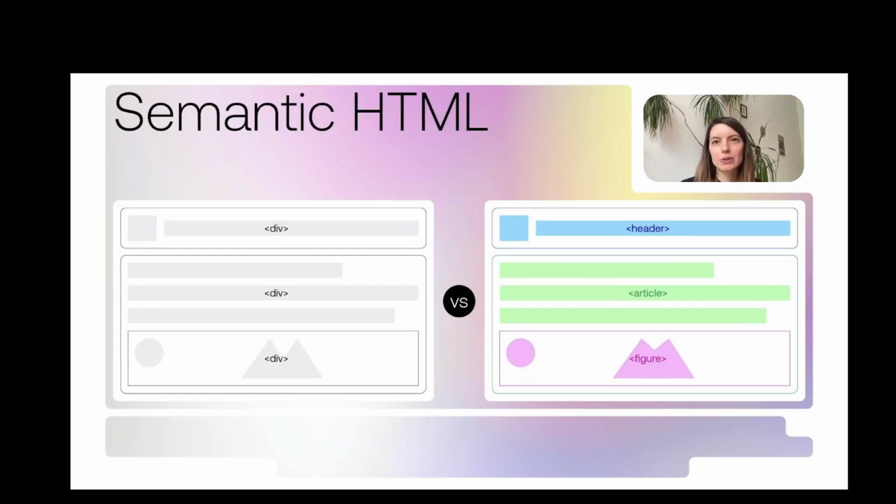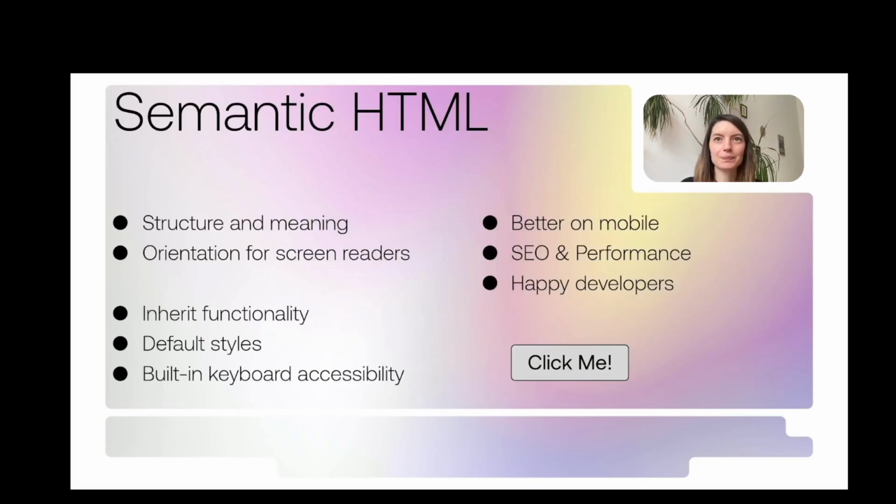Of course, you could use some CSS and JavaScript to make the elements look and function the way you want it to, but there are many good reasons to rather not do that, but use Semantic HTML. And like I already said, we're providing structure and meaning, which gives orientation for the screen readers. It comes with some basic default styles and inherent functionality like built-in keyboard accessibility.